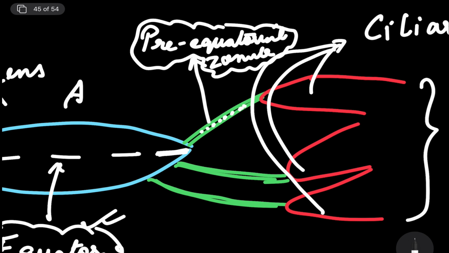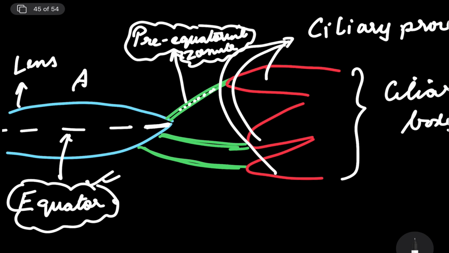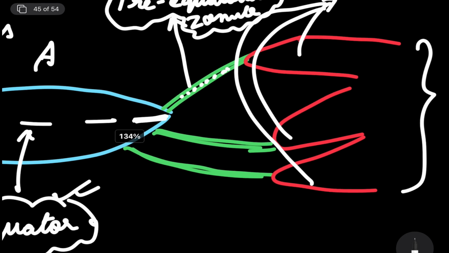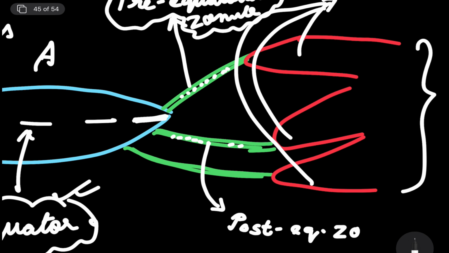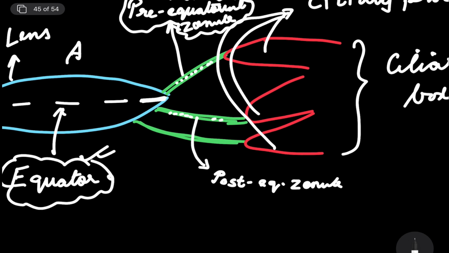Done. Just like that, you can see that this ciliary zonule over here is behind the equator. This is called the post-equatorial zonule. I'm abbreviating it, you can understand, I hope. Then what is the posterior-most zonule known as?